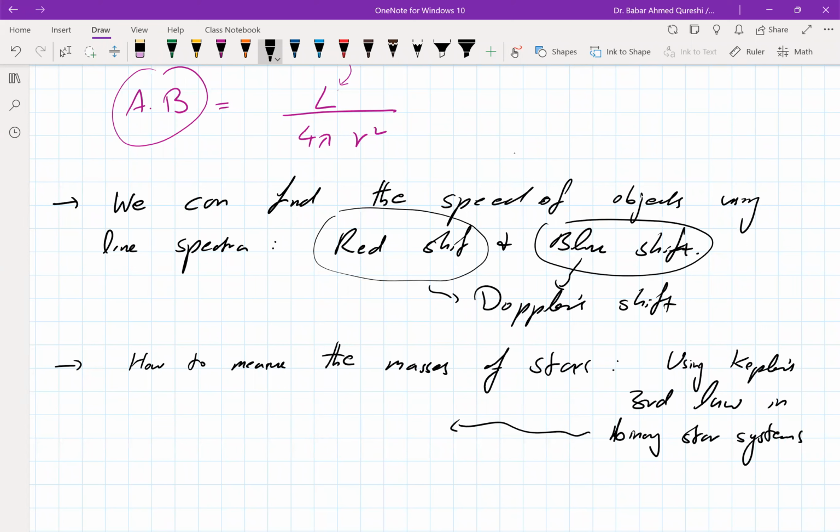If it's a binary star, or if you can find any object orbiting a star, that gives you a way to measure the mass using Kepler's third law.